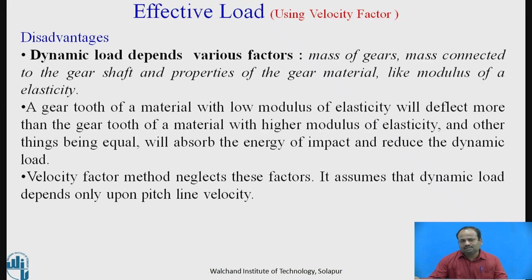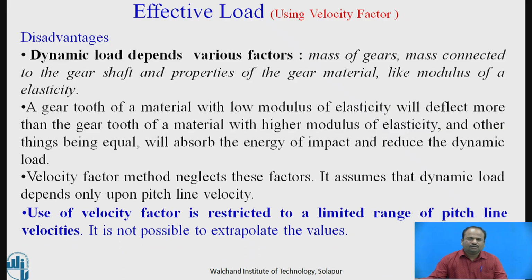Velocity factor method neglects this factor. It assumes that dynamic load only depends upon the pitch line velocity. So use of velocity factor is restricted to a limited range of pitch line velocities. It is not possible to extrapolate the values.